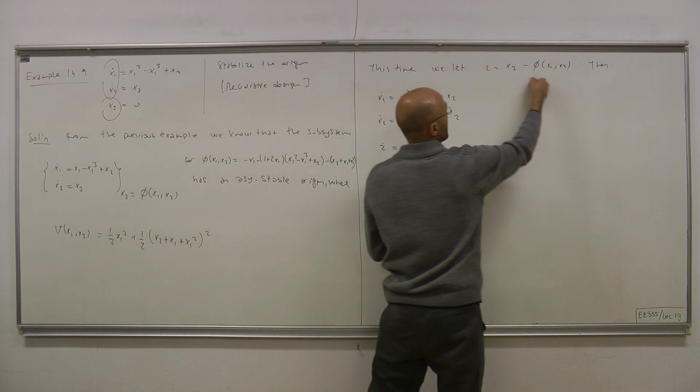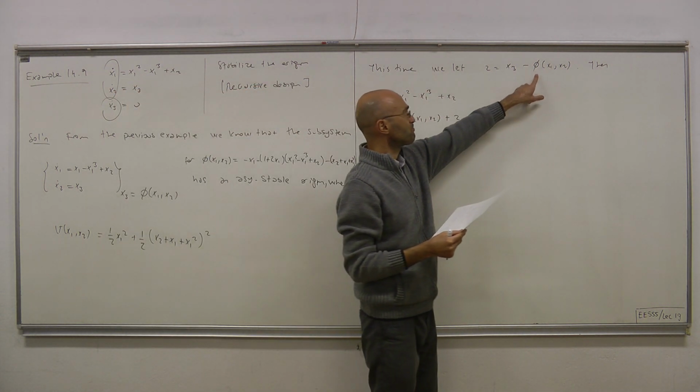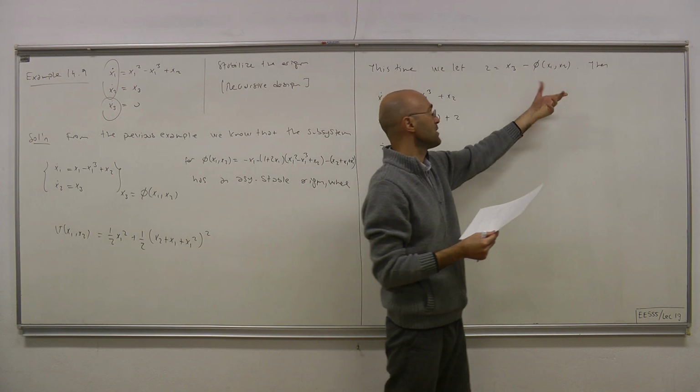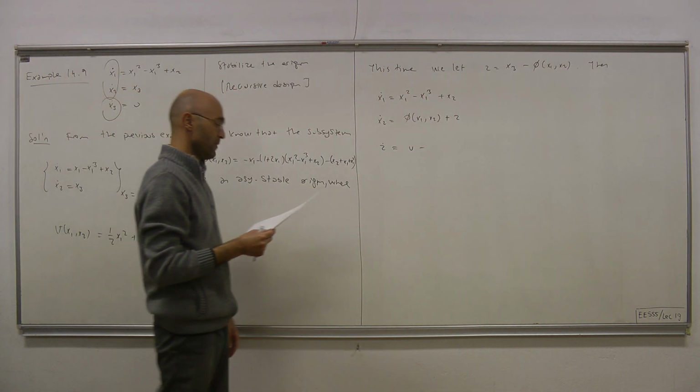And what's phi dot? It's a function of x1 and x2. Therefore, phi dot is partial phi with respect to x1 times x1 dot plus partial phi with respect to x2 times x2 dot.